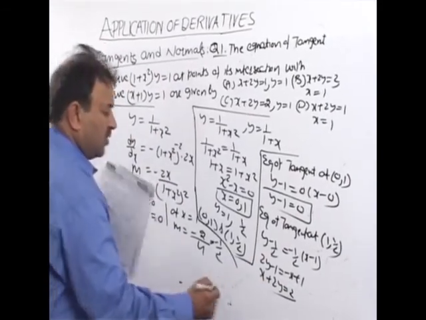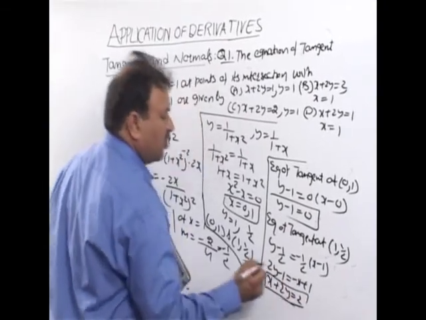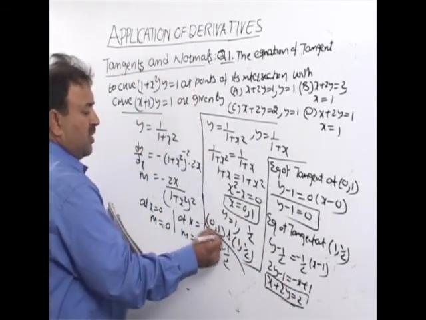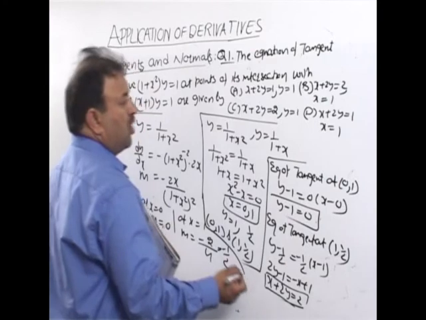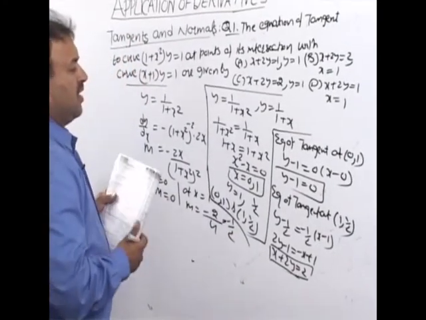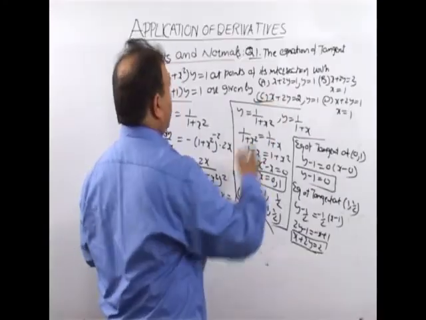So these are the two tangents at two different points, (0, 1) and (1, half). These two are the answers, and the right option is C.